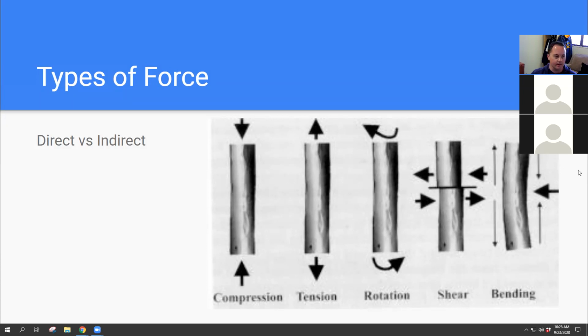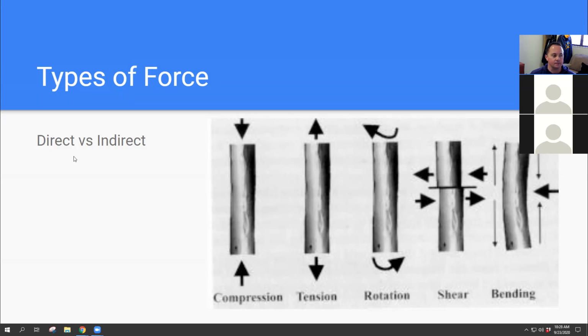Yeah, thank you. Okay, so direct versus indirect. Some of these forces are directly applied. A compression, I have to apply a compression force to that specific structure, okay? In rotation, the force could be applied to my foot, but the injury could happen at my knee, okay?